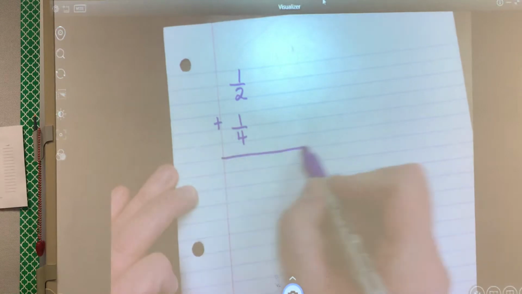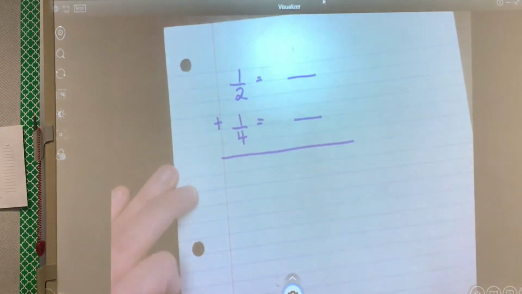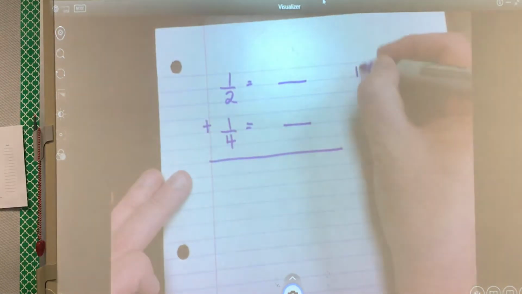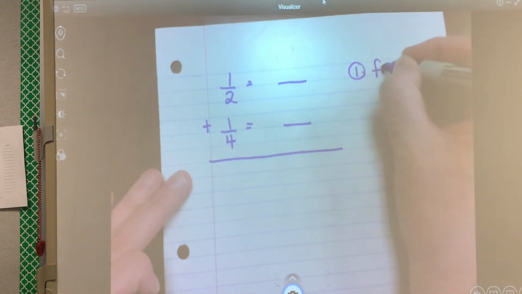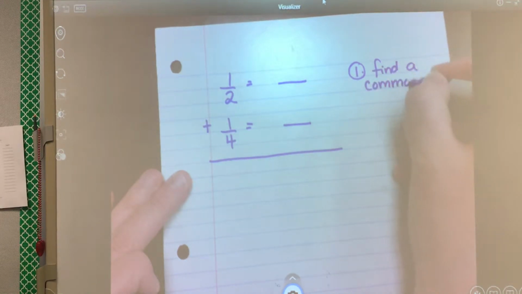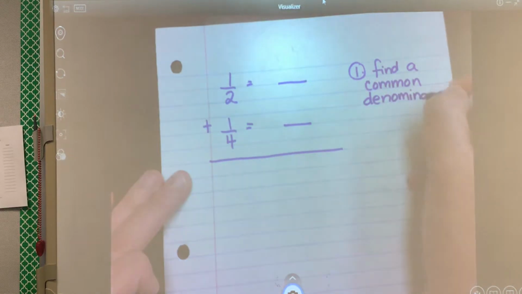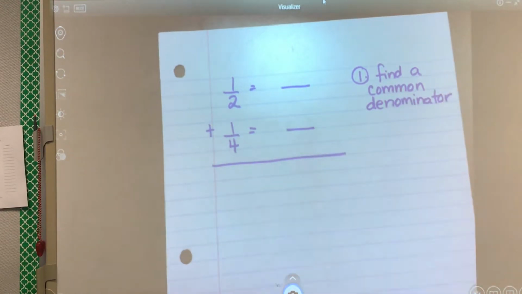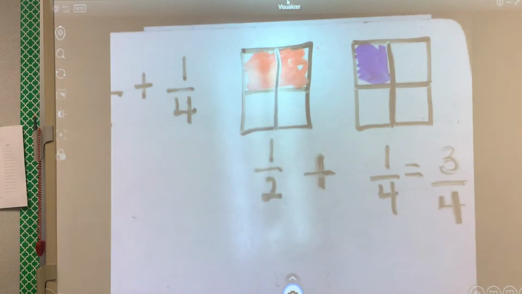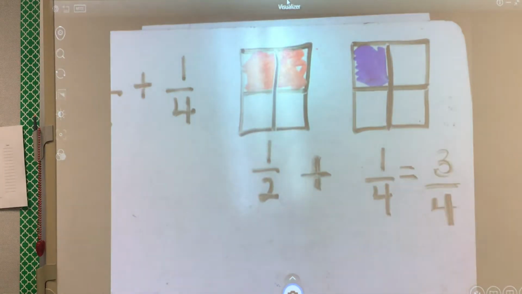And then I said my first step was to make my format here. And then my first thing I'm going to do is find a common denominator, which is what I did over here. I found my common denominator by making the same number of shapes.